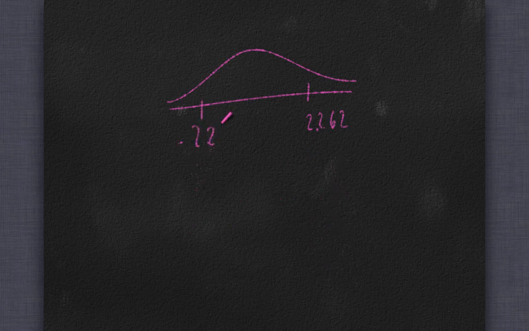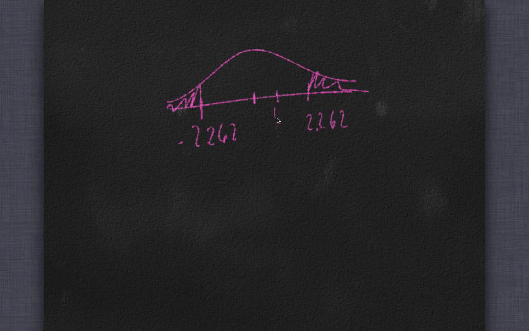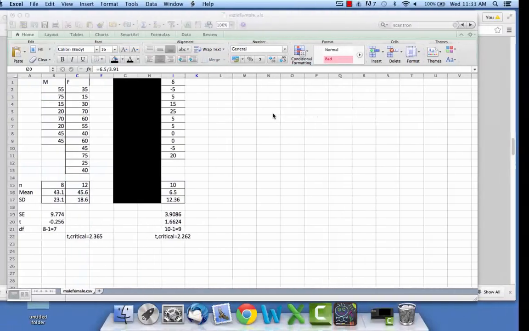Oh, my pen was upside down. So we're not right in the middle anymore. We're at 1.66, something like this, right? It's still in the safe region, it's not in the red. So we would not reject the null hypothesis.